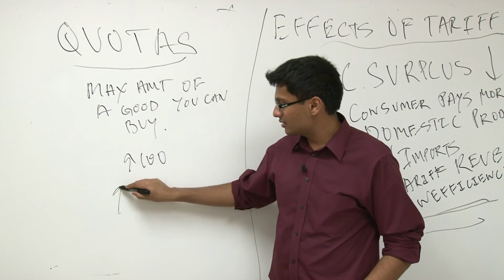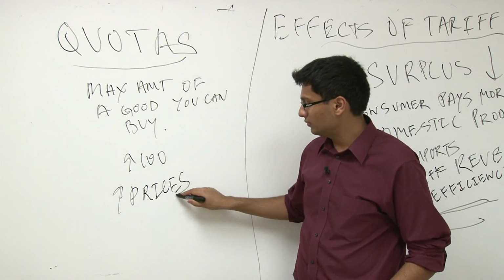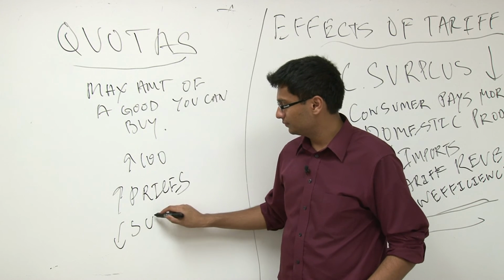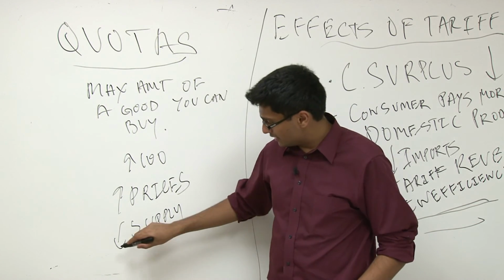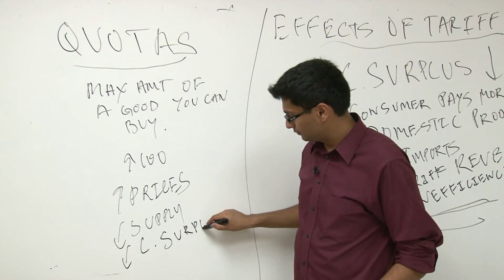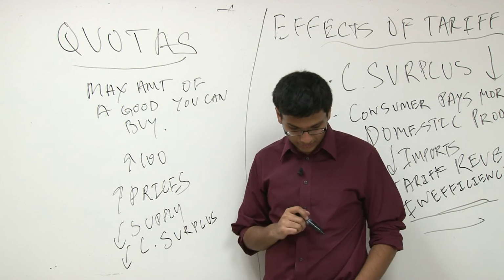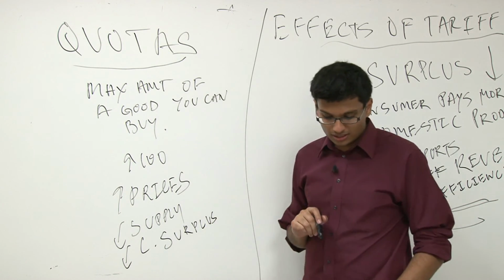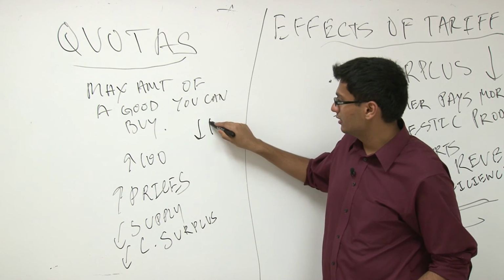This increases the prices because all of a sudden supply goes down, right? It increases prices, decreases consumer surplus, and decreases the allocation of resources. Less efficient.